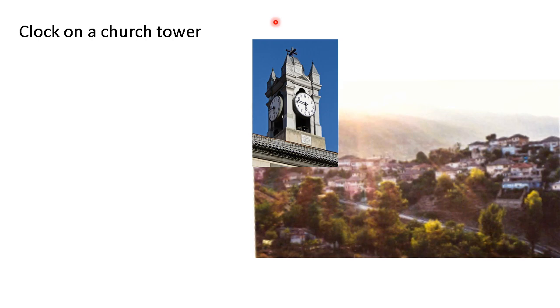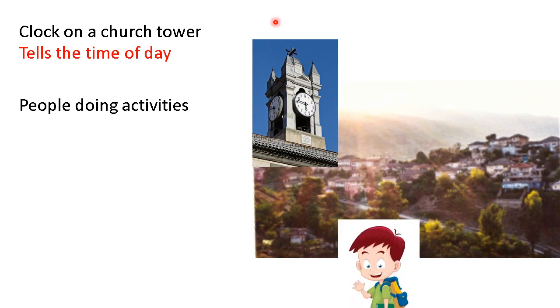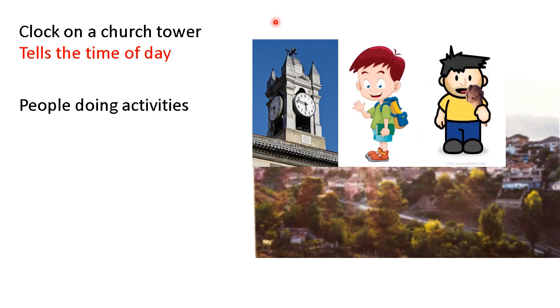Then seeing people doing activities could help us too. This boy is going to school, so it tells me it's morning. This boy is eating an ice cream. This tells me it's probably summer.